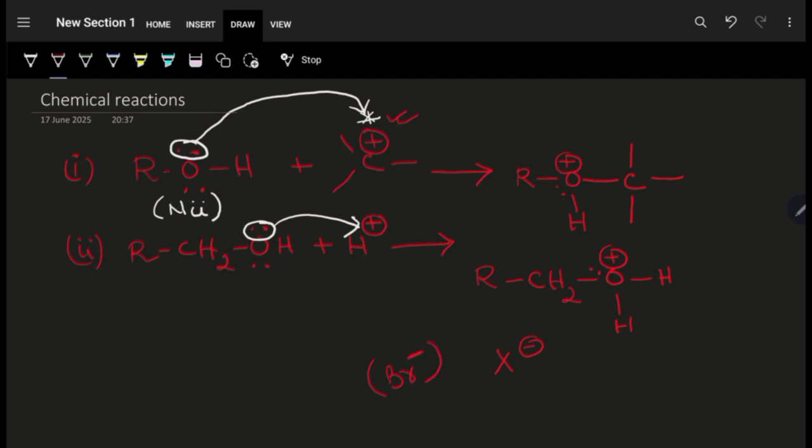So if there is any nucleophile in the medium, it will attack the electrophilic site, and please don't think that it will attack the oxygen side. It will attack the carbon end because the carbon end attains electrophilicity on account of the greater electronegativity of oxygen atom which has attained a positive charge.